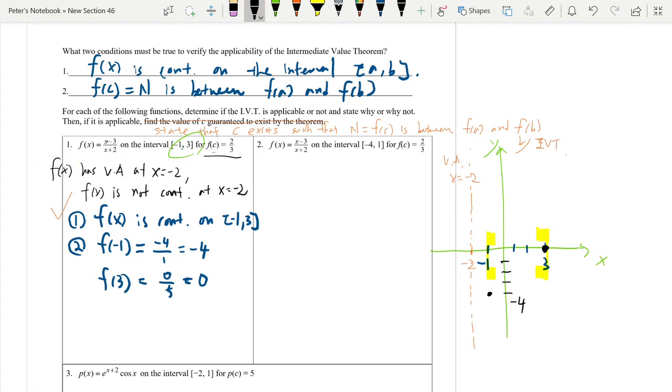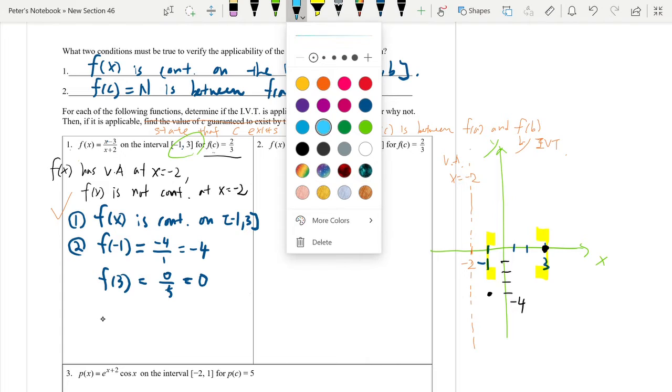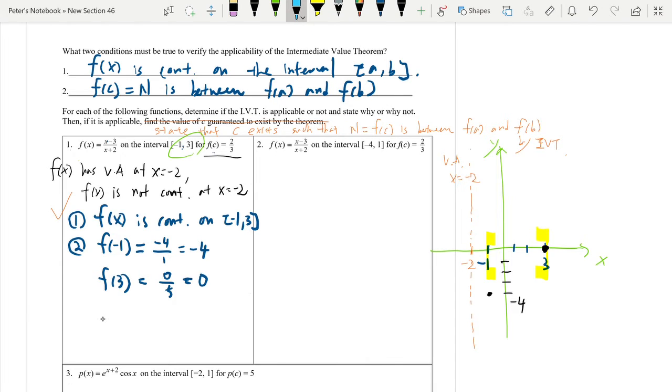And you look at this case over here, f of C is actually 2 over 3, which is 1, 2, 3, 4, 5, 6, yeah. So we're saying 2 over 3, which is a little less than 1, right?